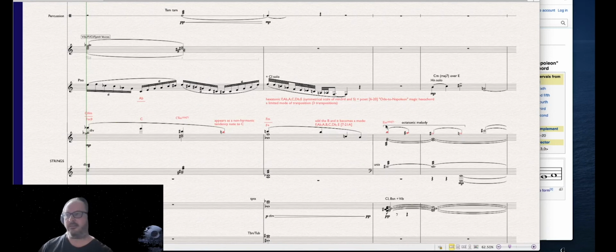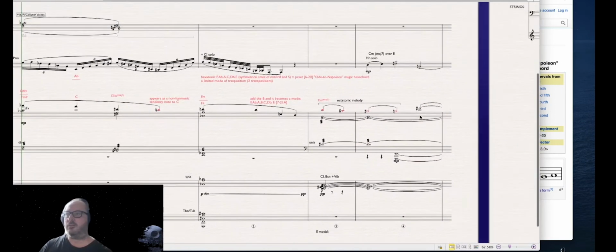That has a feeling of augmentedness because of the 3rd note from the root, the 5th note from the root, and the 7th note from the root. So it's a rootless augmented chord. You could keep going, and it becomes rather symmetrical. So what else is there?